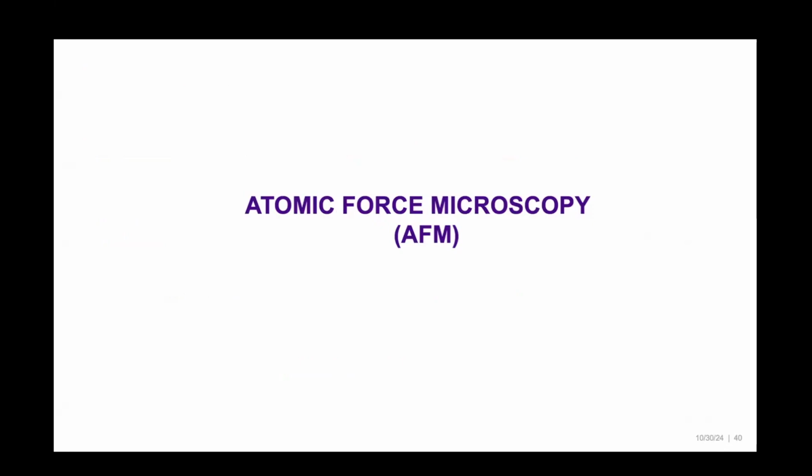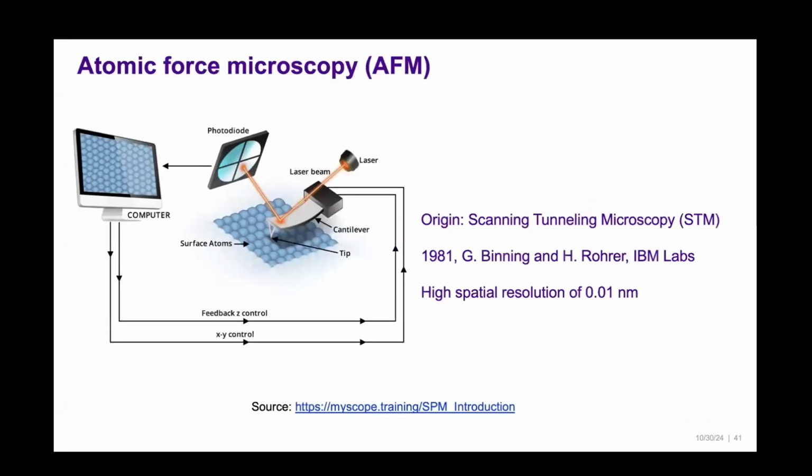This is another topic. Again, there is atomic force microscopy. Something has to involve the force. Again, imaging. So it's also rather interesting. It's another Nobel Prize winning technique of 1986, developed in 1981 at IBM.